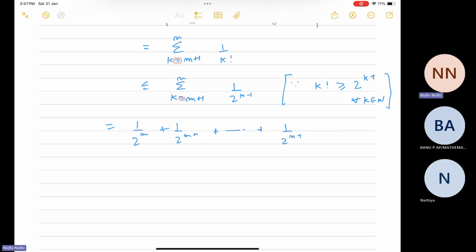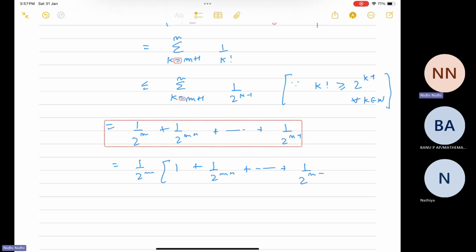Taking 1 by 2 to the power m common, this is 1 plus 1 upon 2, and so on up to 1 upon 2 to the power n minus m minus 1.